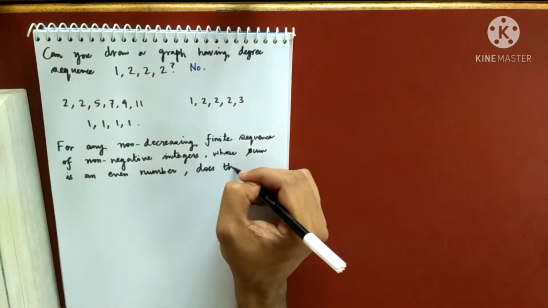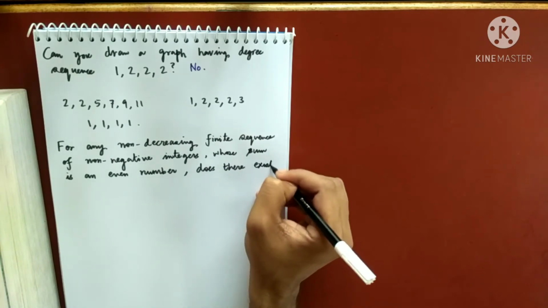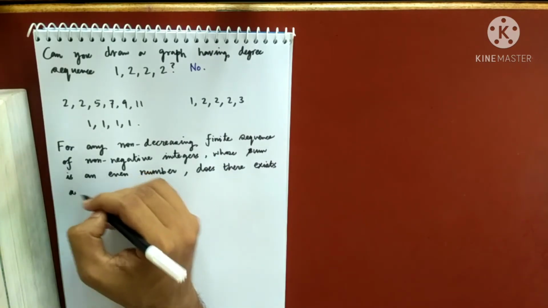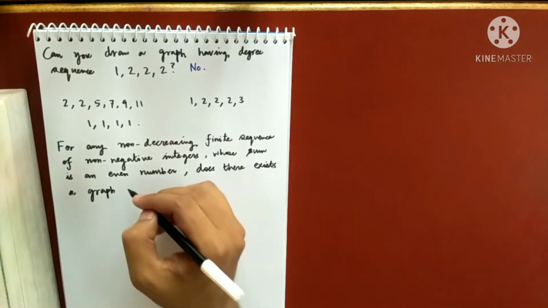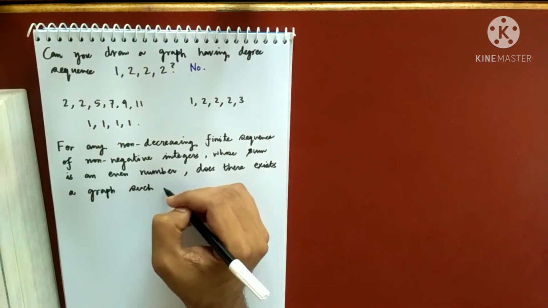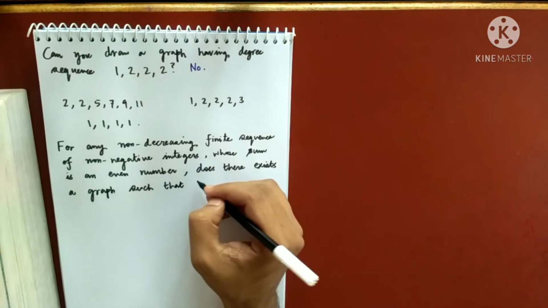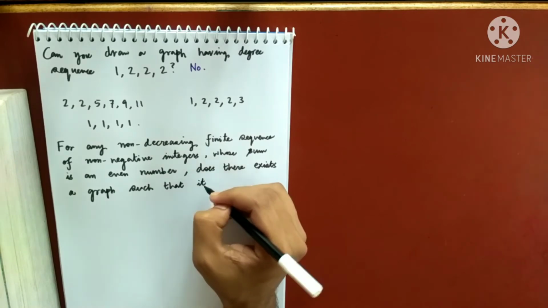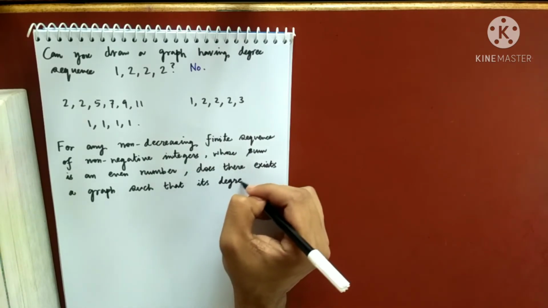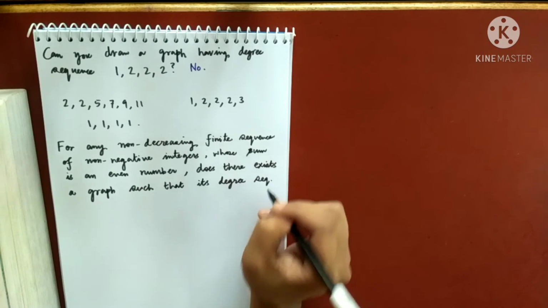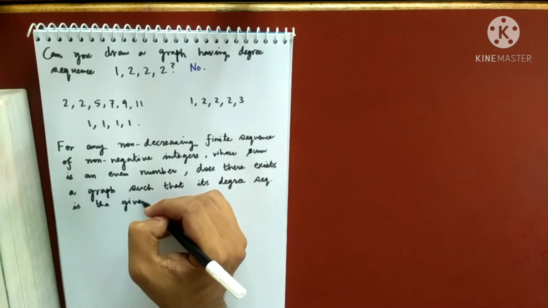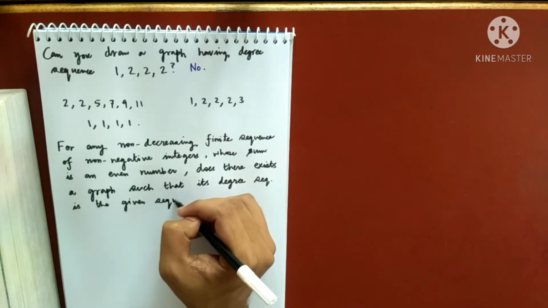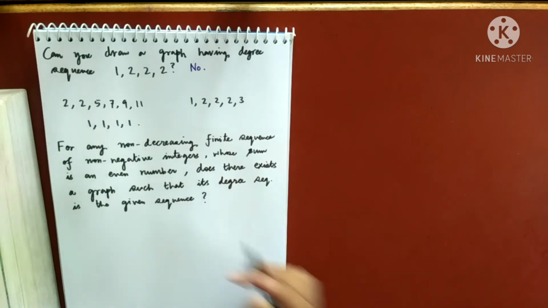Does there exist a graph such that its degree sequence is the given sequence? So this is my question.